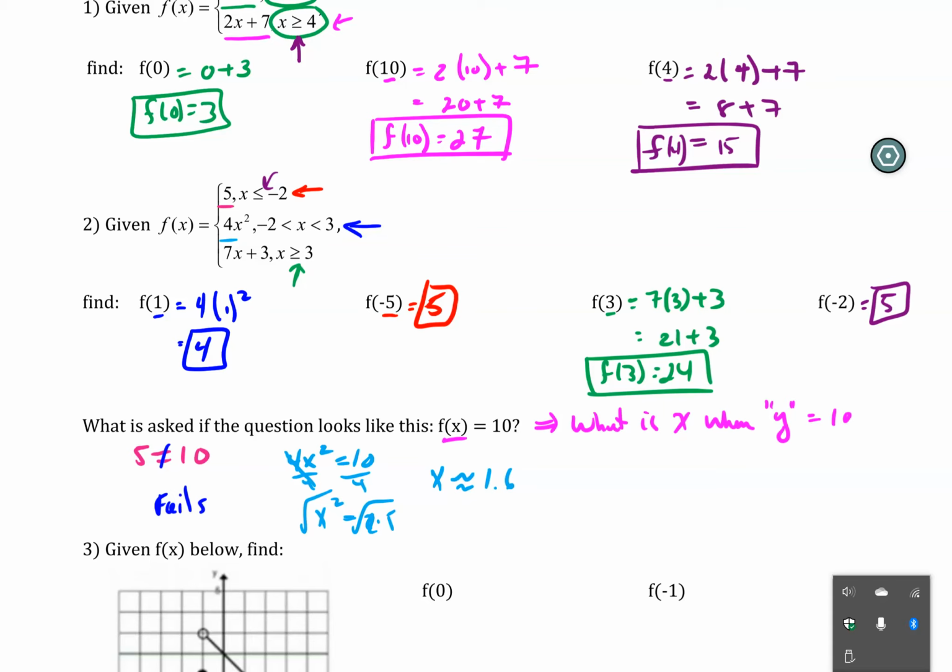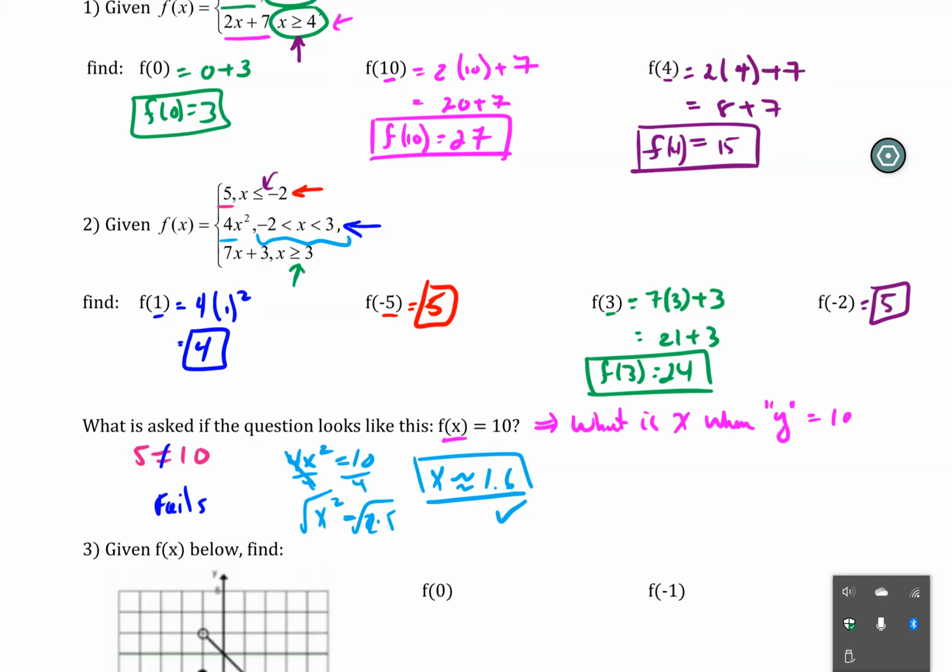So is this inside my restricted domain? Is 1.6 inside of this portion of what x can be? It can, and 1.6 does land inside of there, so therefore it does pass. So that means that it is possible to have an x value of approximately 1.6, and when you plug it in, you would get a value of 10.